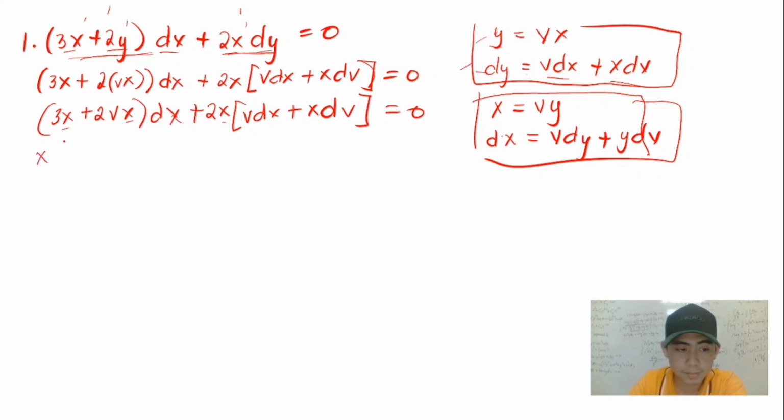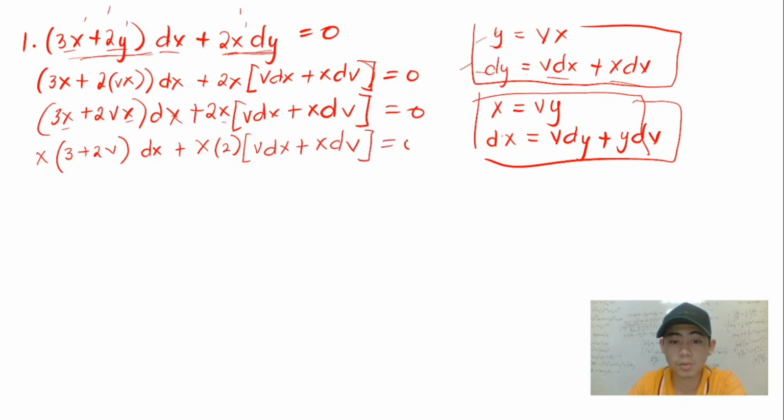So, x times (3 plus 2v) times dx. Sorry, medyo may nararamdaman kasing kakaiba, pagpasensyahan nyo na yung boses ko. So, x times 2, labas natin, times (v dx plus x dv), is equals to 0.